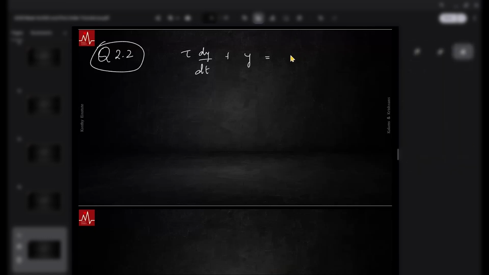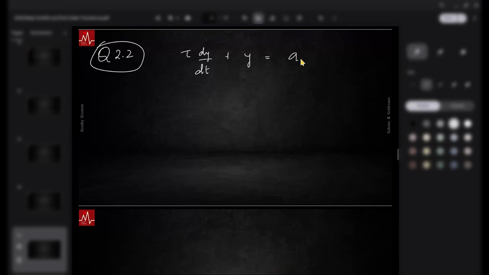Q 2.2. tau dy by dt plus y is A naught u of t, step input.